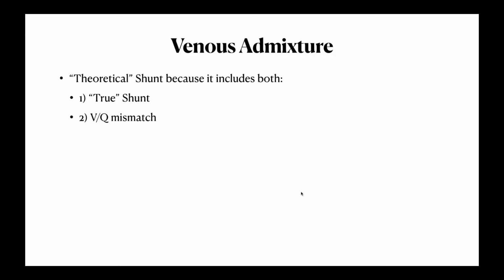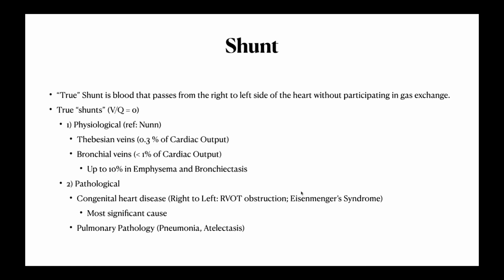So what's true shunt? True shunt is blood that passes from the right to left side of the heart without participating in gas exchange. And true shunt has a VQ ratio of 0. So true shunt has no ventilation, but perfusion. Okay, so that's where the VQ is 0.